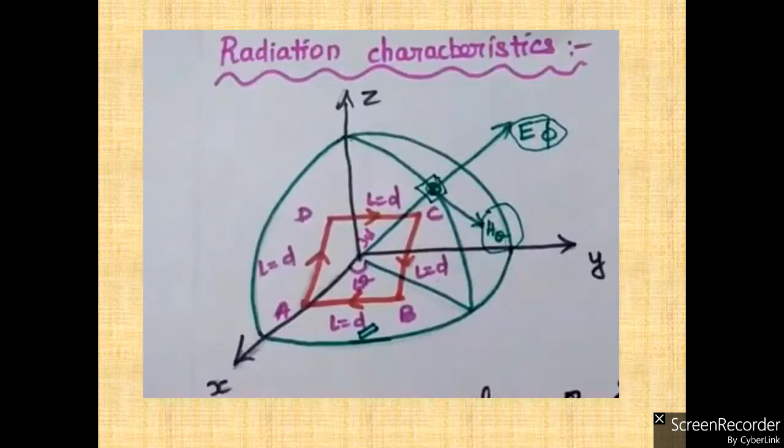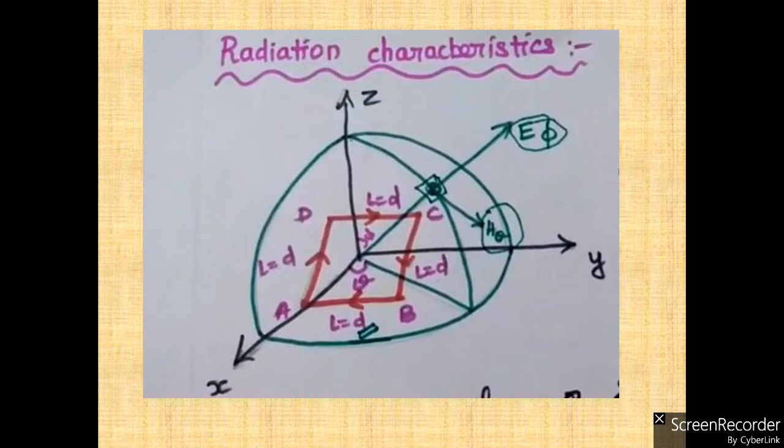Now we are going to modify that loop, the circular loop, into a square form. So in order to find out the radiation due to that circular loop, we just take that circumference and modify that into a square loop ABCD, right, and then we can have the length of the square as d.